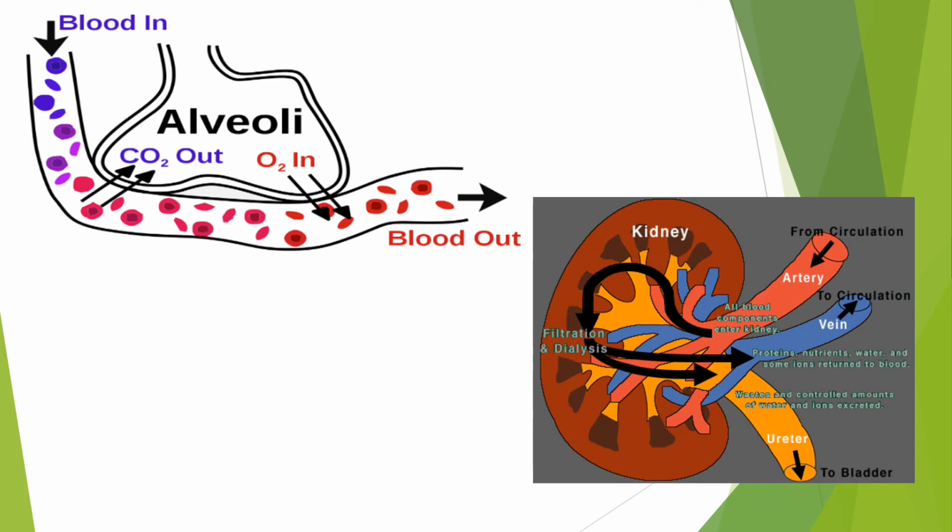And when you breathe in, all that oxygen goes into your lungs, and afterwards it will get into your bloodstream. So your alveoli are wrapped in blood vessels and capillaries. And what happens is, when you breathe out, carbon dioxide is diffused into your lungs, while oxygen is diffused into your bloodstream.